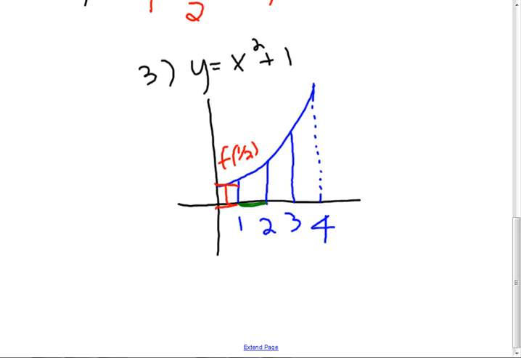Well, 1.5, which is 3 halves, and the height of this rectangle is the value of the function at 3 halves. And then the next one, between 2 and 3. 2.5 is 5 halves, right? So that's f of 5 halves.